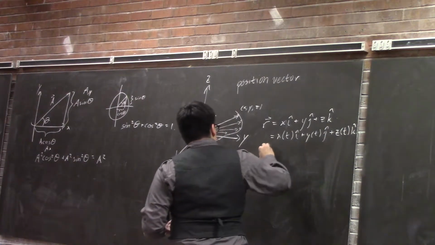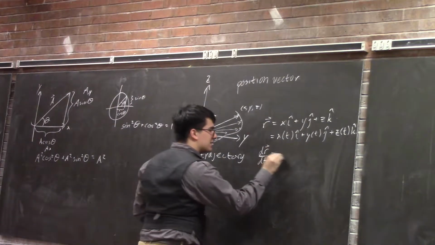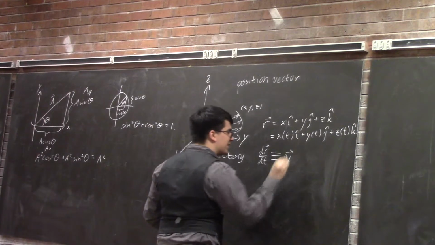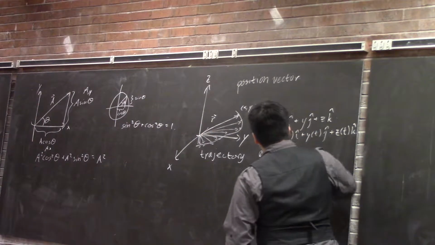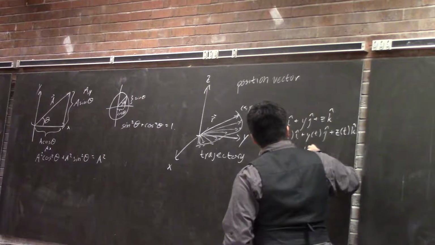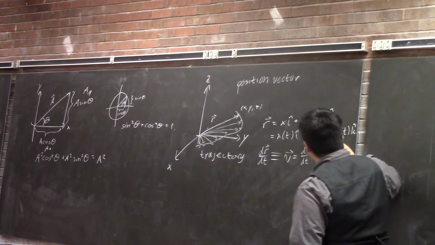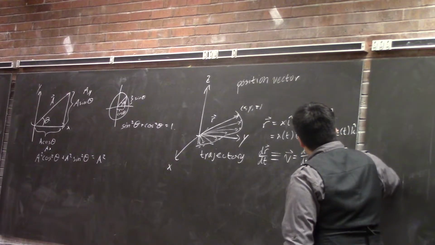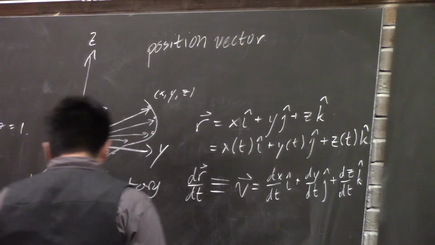I can actually differentiate this vector, and I define it as some new vector v. This v is the velocity vector. This velocity vector is going to be dx/dt i hat plus dy/dt j hat plus dz/dt k hat. I'm differentiating this entire thing.